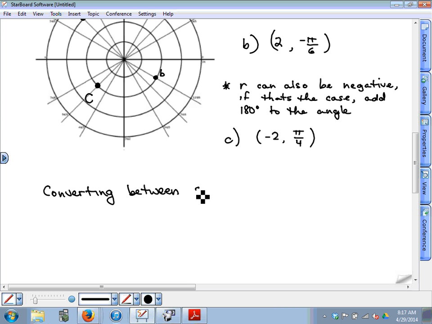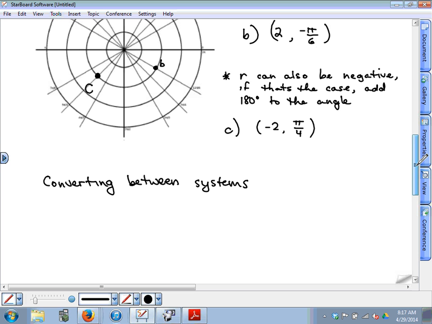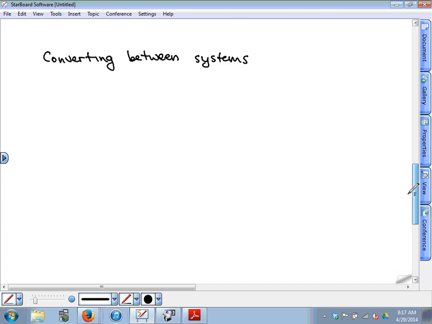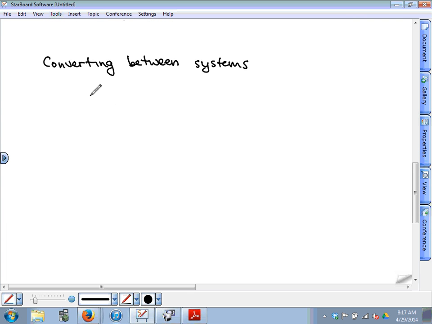Okay, so let's talk about converting between coordinate systems. And rather than me just showing you or telling you what the conversion is, let's take a look at that point we were just talking about, because you guys actually converted that point pretty quickly, and I want you to realize how you did it.